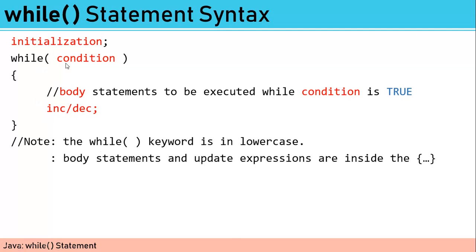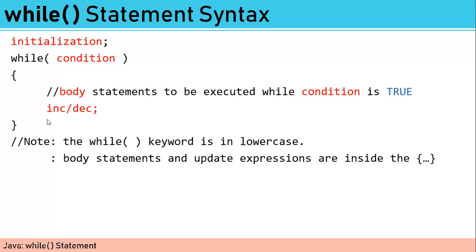Your while statement includes here the condition, and inside these curly braces is your body and then your increment or decrement. Remember, the while keyword is written in lowercase and does not have a semicolon. The body statements and update expressions are inside the curly braces.